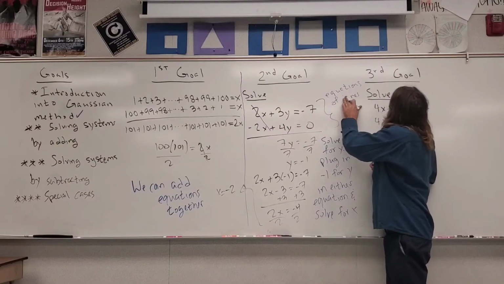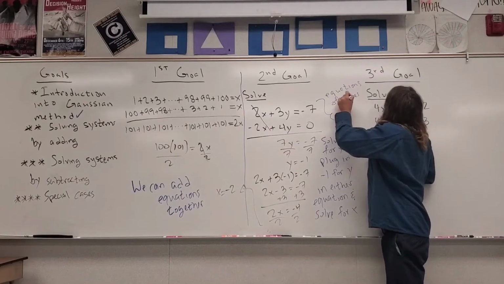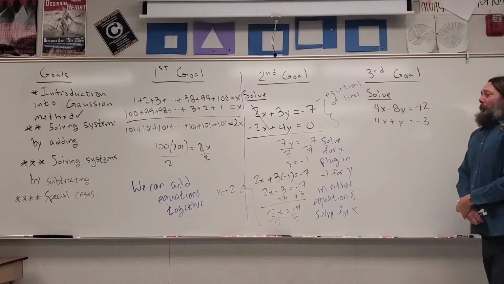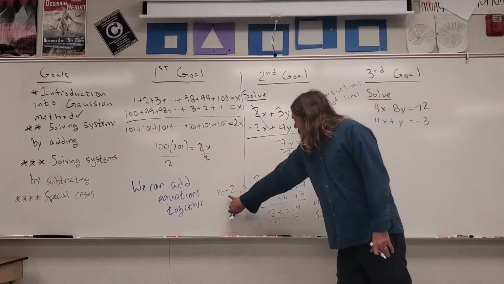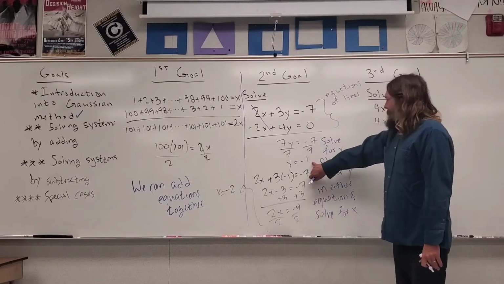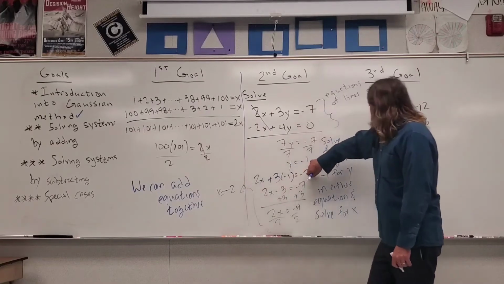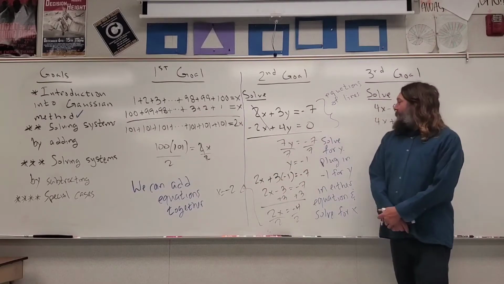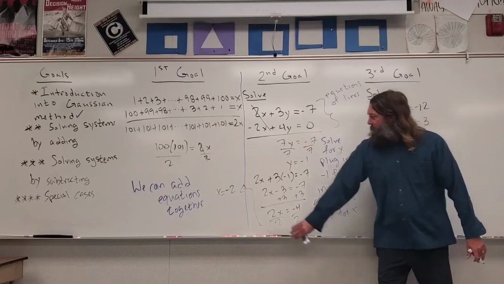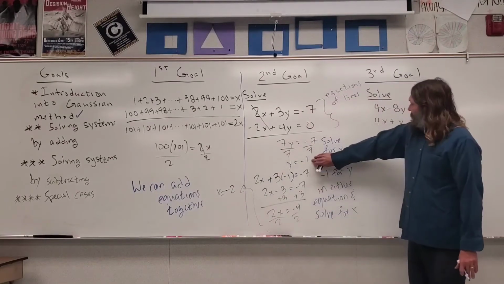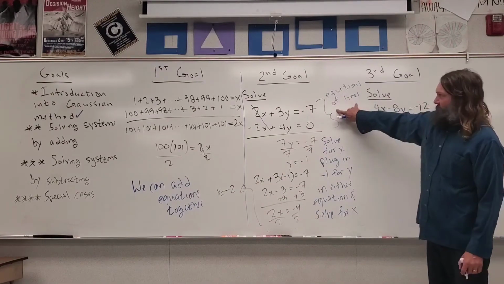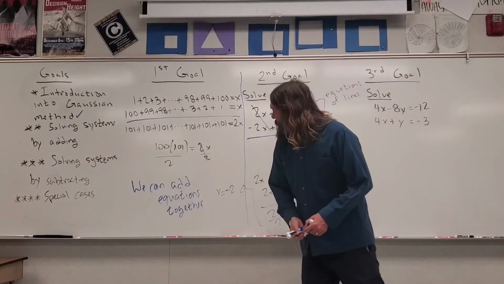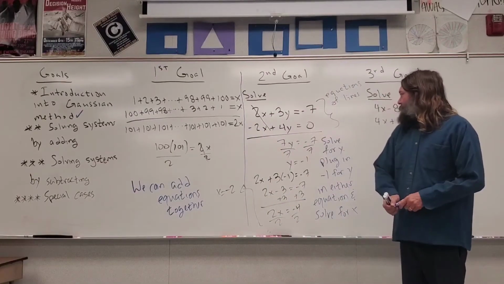And I found an x value, and I found a y value. And if I have an x value and a y value, I have an ordered pair. And what we actually found was we found the ordered pair where these 2 lines cross. That's what we're doing when we're solving a system by adding. We're finding out where the lines cross.